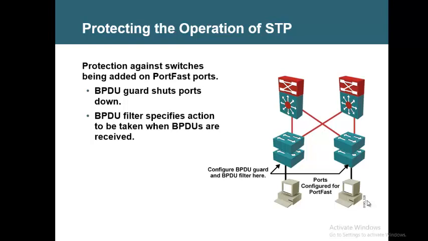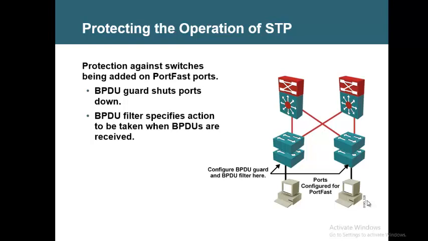Port fast enabled ports will not wait for BPDU responses. When we learned RSTP, we learned this. Enabling port fast disables the spanning tree is one of the statements most of the people will use, which is not really true.